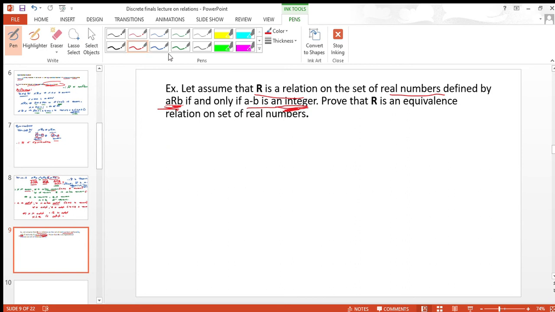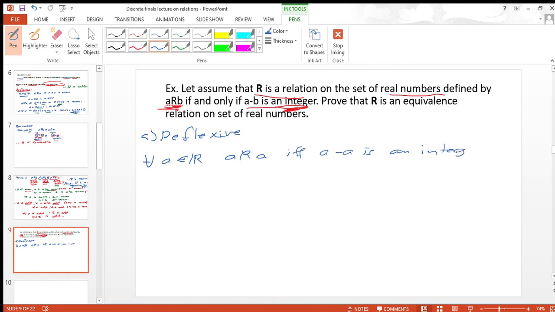So, let's proceed. First, we have the reflexive. So, letter A is the reflexive property: for all A as an element of the set of real numbers, A R A if and only if A minus A is an integer.